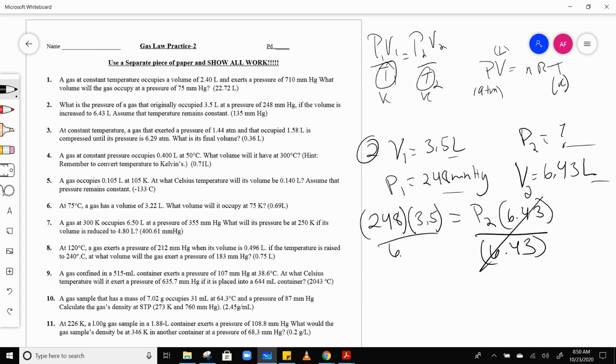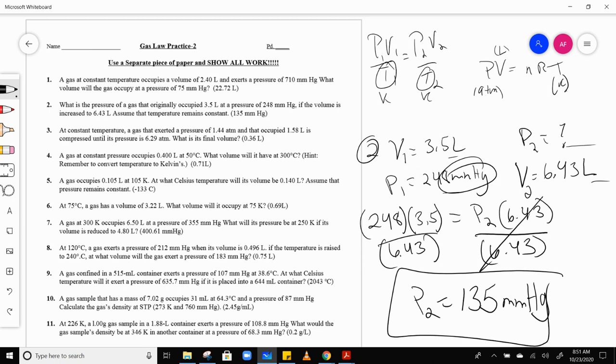P2 equals 248 times 3.5 divided by 6.43, and I get 135. It's the same units that we had before, so it's mmHg.